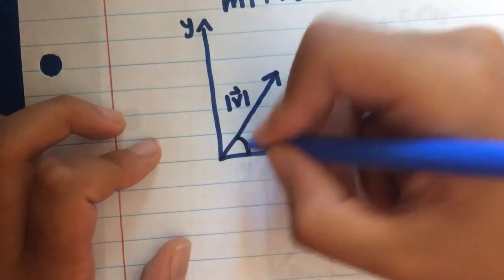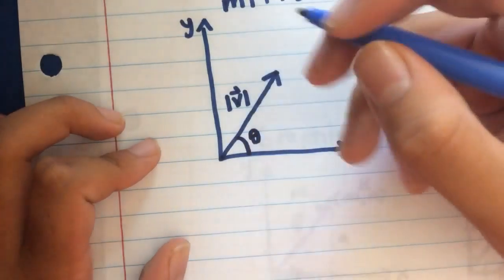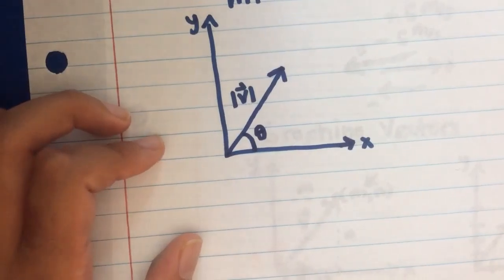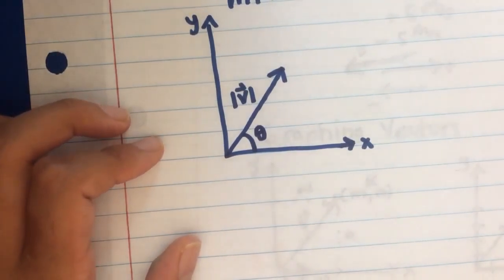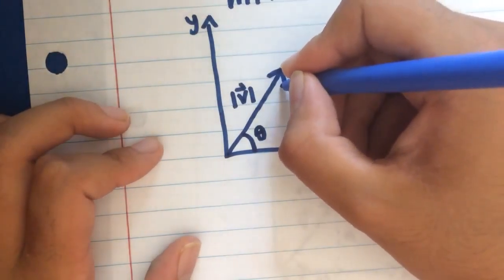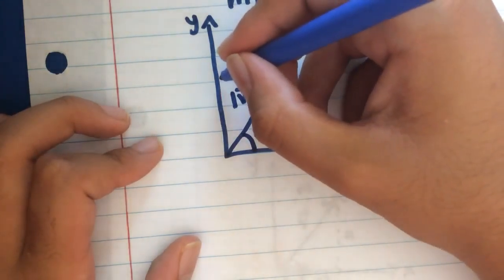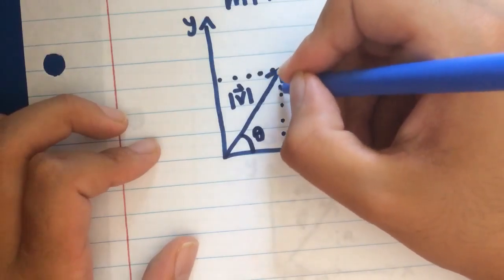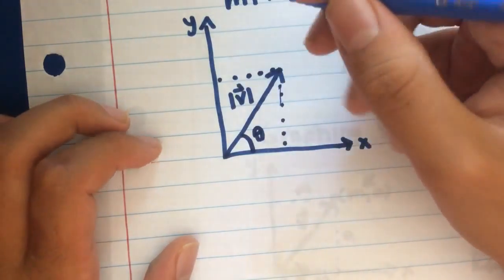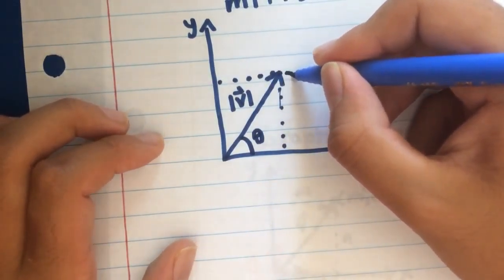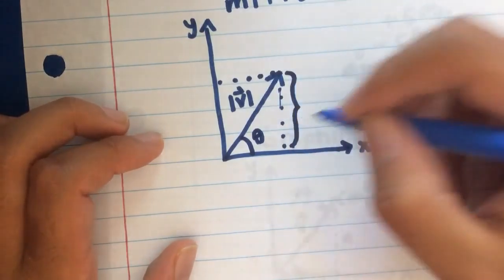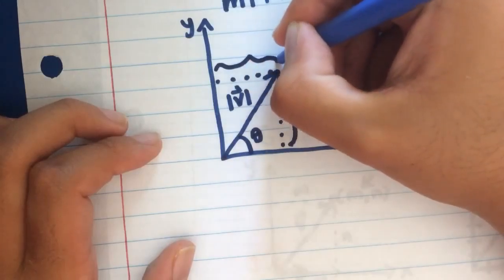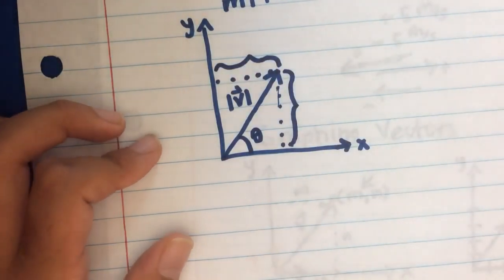And let's say we also know an angle, the angle from the x-axis. Let's call it theta. And now we're asked to find the x component and the y component. So the y component is how far up the vector goes, and the x component is how far to the side it goes.